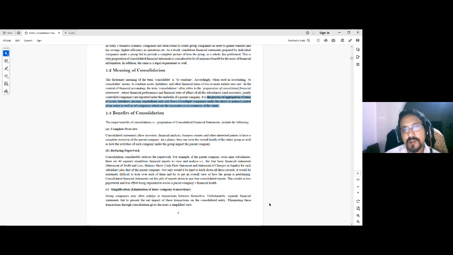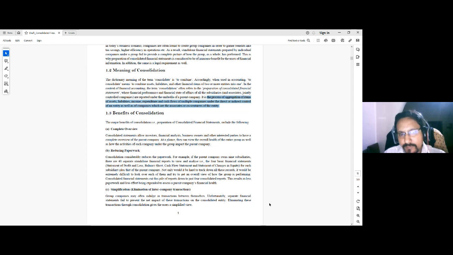In some cases consolidation helps to simplify the entire group activities. For example, when we prepare the financial statements separately, then the holding company, the parent company, and the subsidiaries or associate companies are independent, and they may have certain intercompany transactions which they record independently in their balance sheet, PL statement, and cash flow statement.